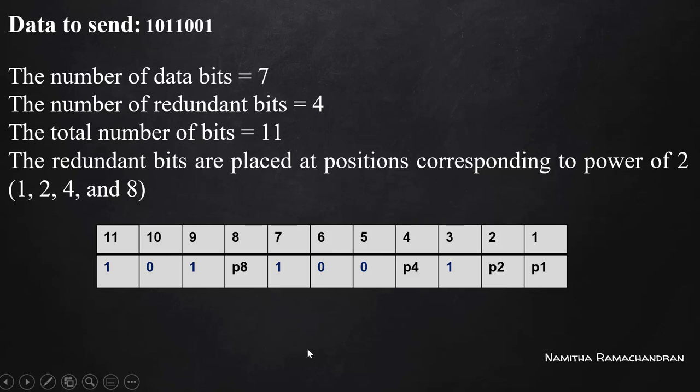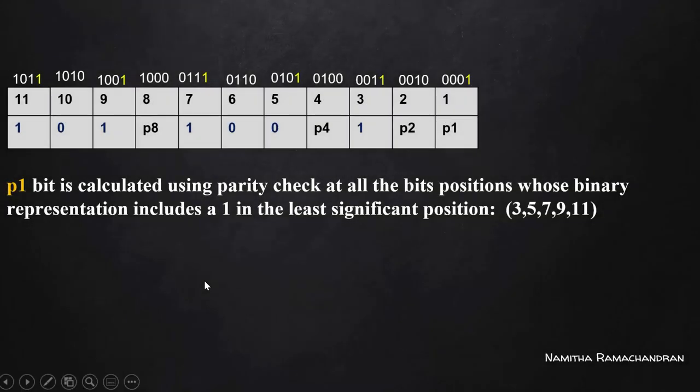After this, we need to identify the values for these parity bits. So these are the positional values of each and every bit. For setting a proper value for P1, we need to consider all the positions whose binary representation contains the value 1 at its least significant position.